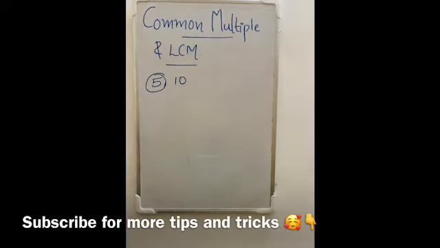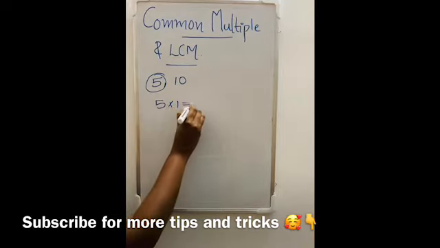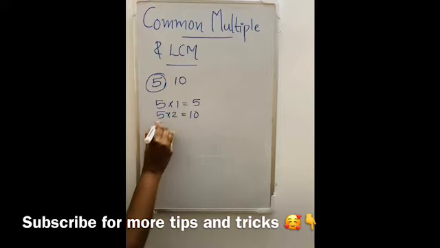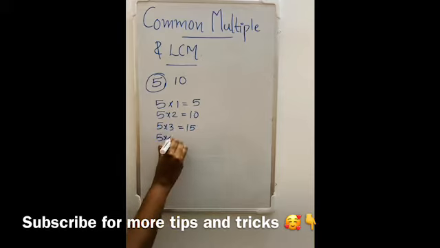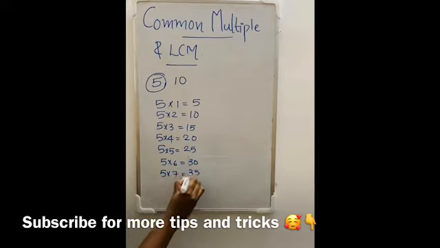First 10 multiples means the first multiple is 5 into 1, that is 5. 5 into 2 is 10. 5 into 3 is 15. 5 into 4 is 20. And 5 into 5 is 25. 5 into 6 is 30. 5 into 7 is 35. 5 into 8 is 40.